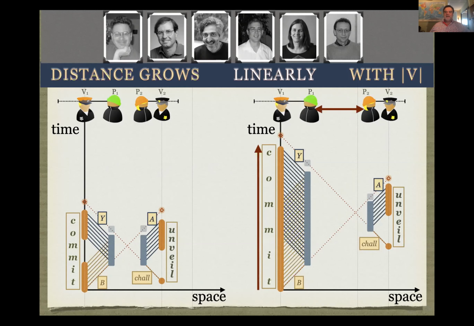Now that means that in practice, if you use pretty big commitments and you want to implement safety via distance, you have to get your prover verifiers very far from each other. For practical sizes, that would be at least hundreds of kilometers.